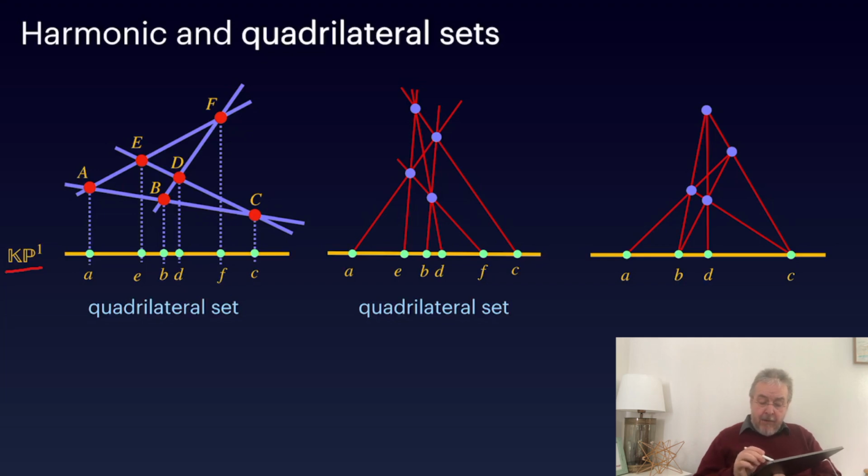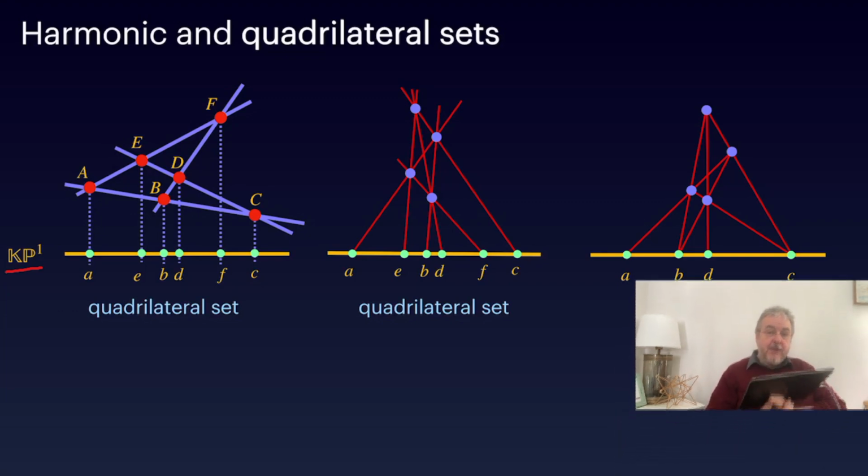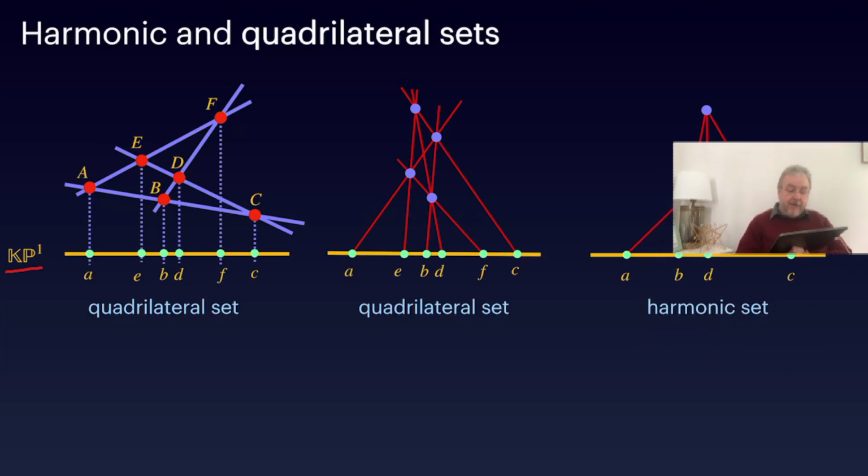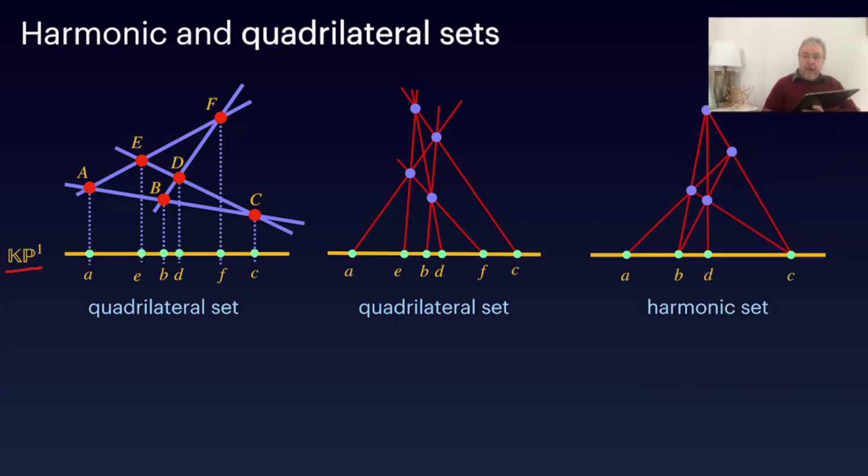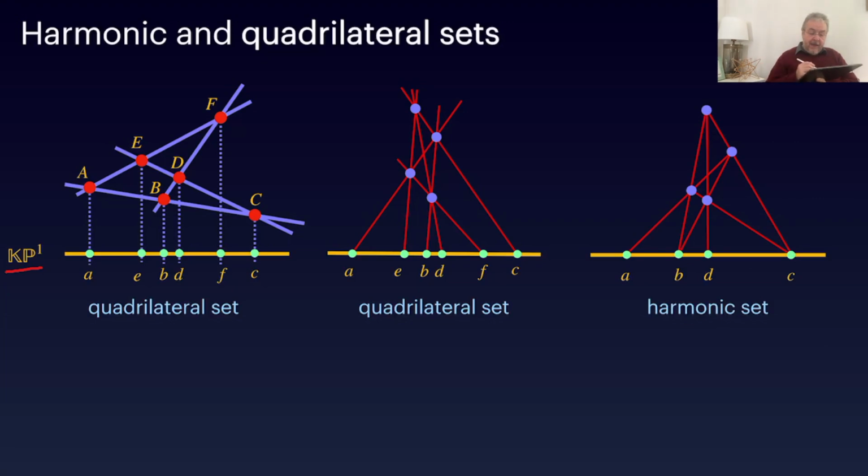And here in the last picture, the main difference is that some of the points start to coincide, and what you have here is a so-called harmonic set. Each of those configurations has a nice characterization via determinants in the projective line.